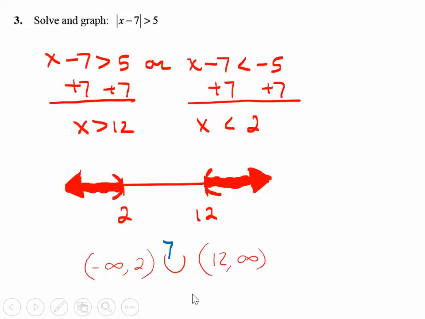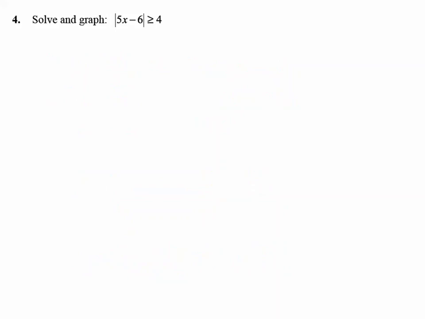Alright, with the next one, I'm going to skip that part right there. Let's go on to here. Okay, all yours here from beginning to end. Can you solve it? Can you graph it? And then also, can you give it to me in interval notation? This is your practice item here.